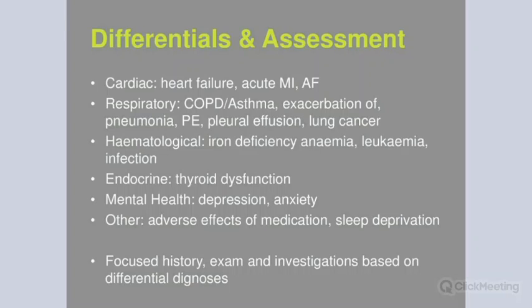So essentially just working down through your systems: iron deficiency, anemia, leukemia, infection, thyroid dysfunction, depression or anxiety. Again, make sure you consider this in almost any presentation, as it may have an element in there. And any adverse effect of medication, sleep deprivation. You would need to discuss that.